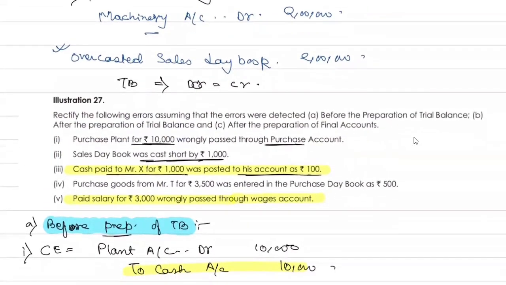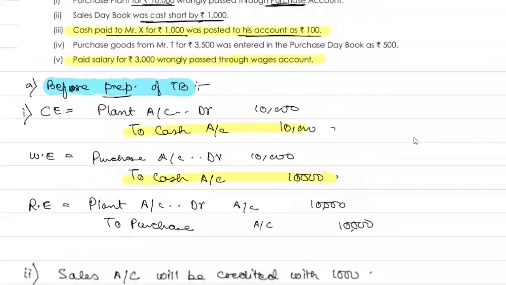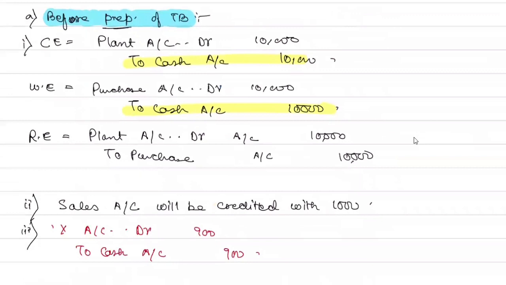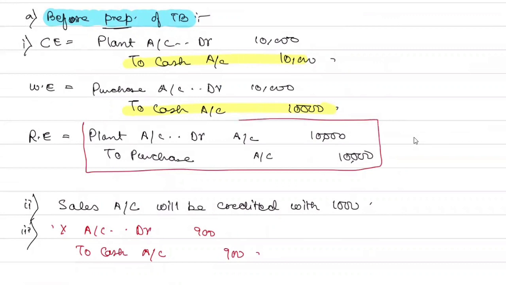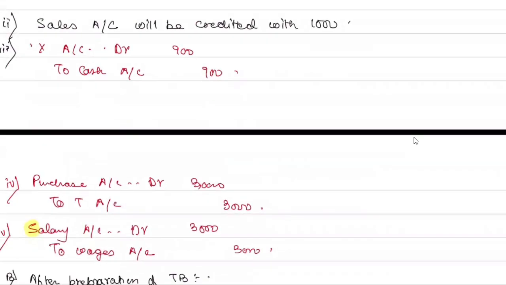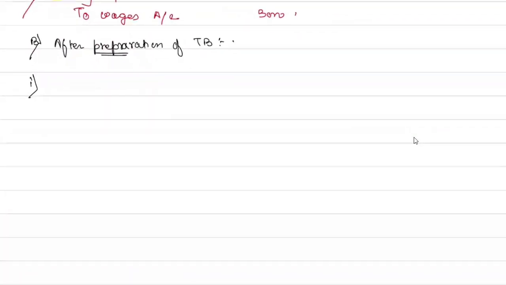Purchase planned for 10,000 wrongly passed through purchase account. क्या आपको नहीं लगता यही वाला होना चाहिए वापस से? Don't you agree the same has to be done? यस सर आई गेस. Not guess. Don't guess. Have some tukkas. This should be done.